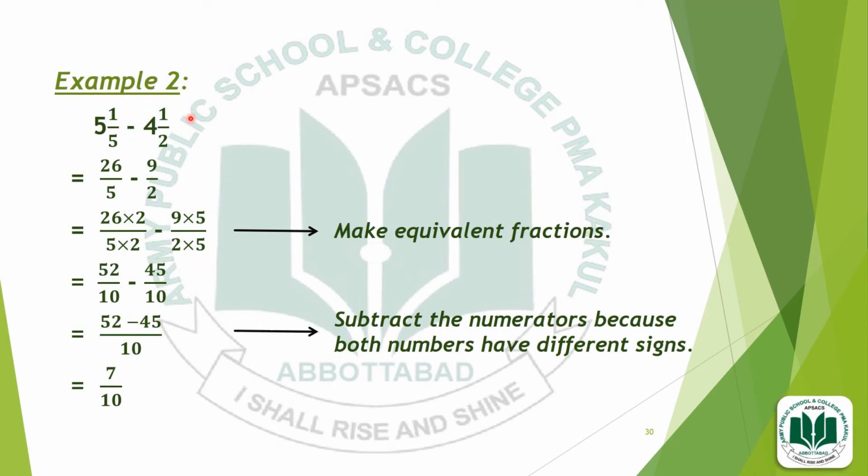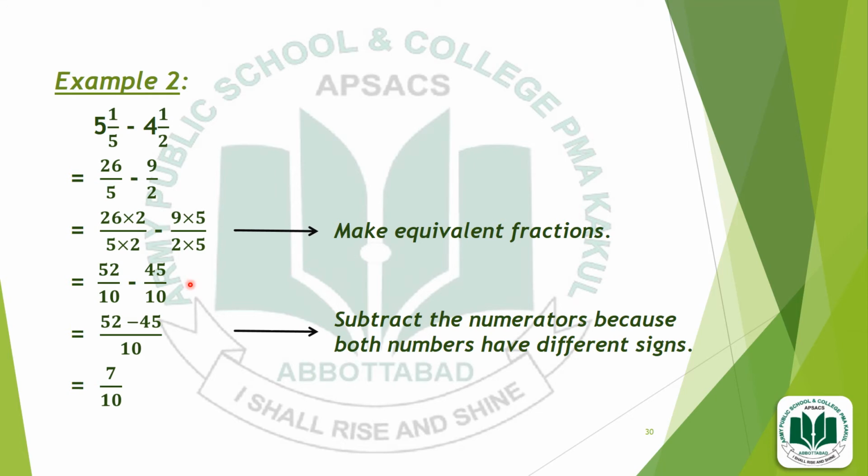Let us have another example involving subtraction of unlike fractions. Question is 5 whole 1 by 5 minus 4 whole 1 by 2. In first step, we will convert mixed numbers into improper fractions. Next, we will make equivalent fractions for having same denominator.